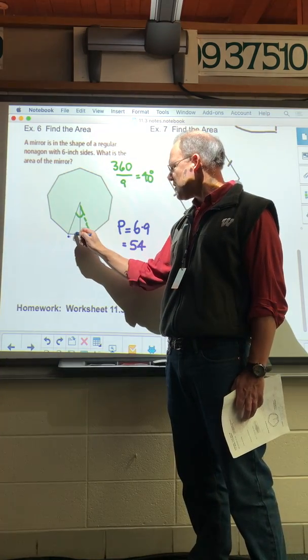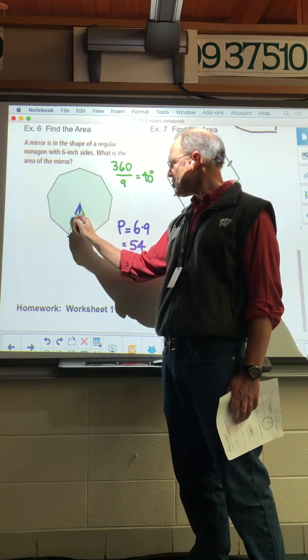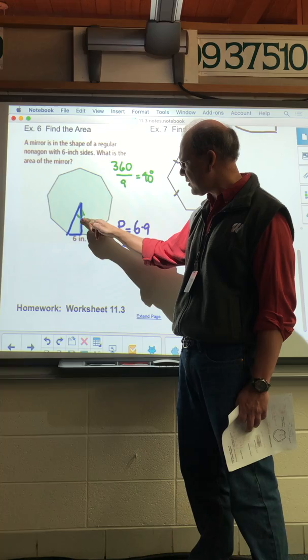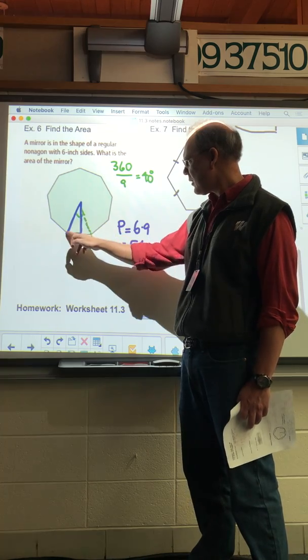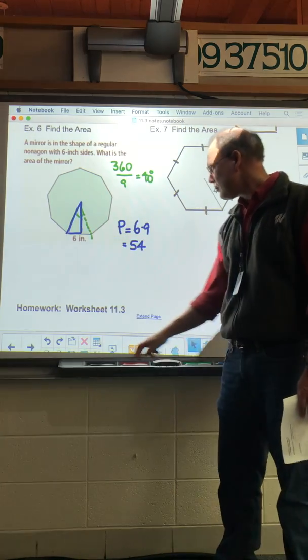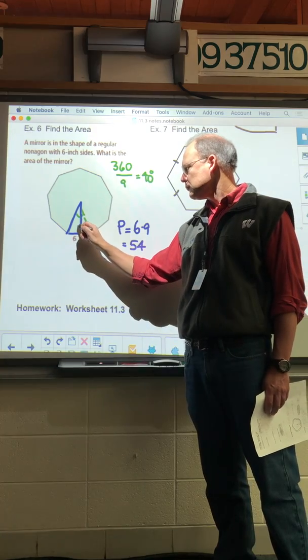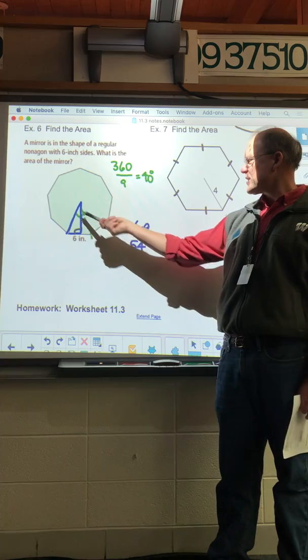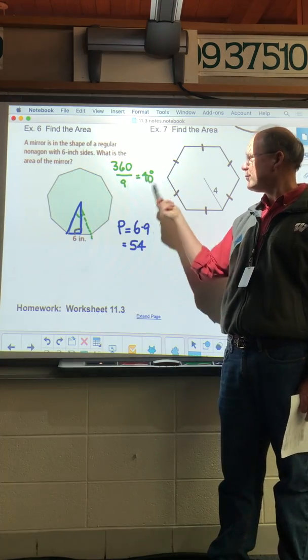Okay, but we're going to focus on just half of that triangle. Half of that triangle is a right triangle. Got a right triangle right there. Okay, so this angle would be half of 40.